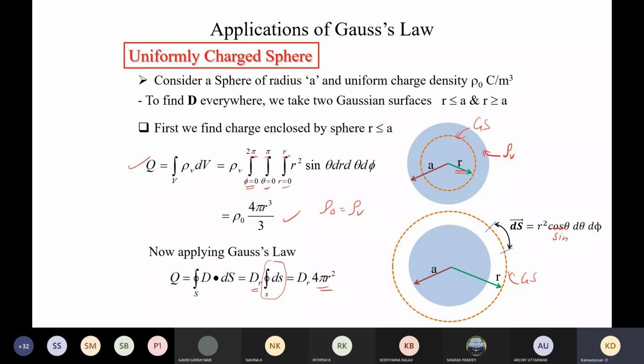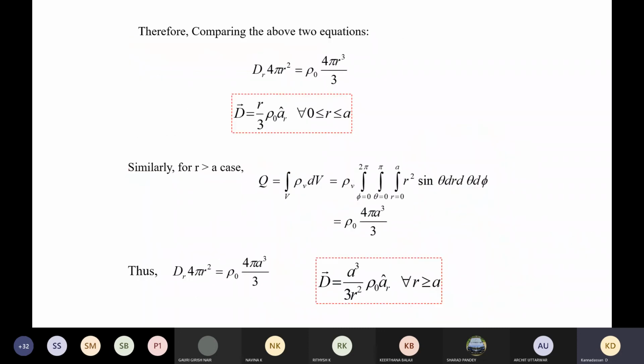That is the surface area of the sphere, and therefore, let's say this is equation number 1 and this is equation number 2. Both are the same. When you compare them, you can easily find out this D r.